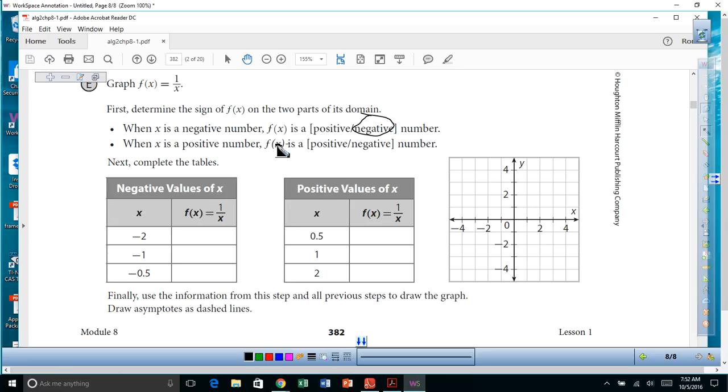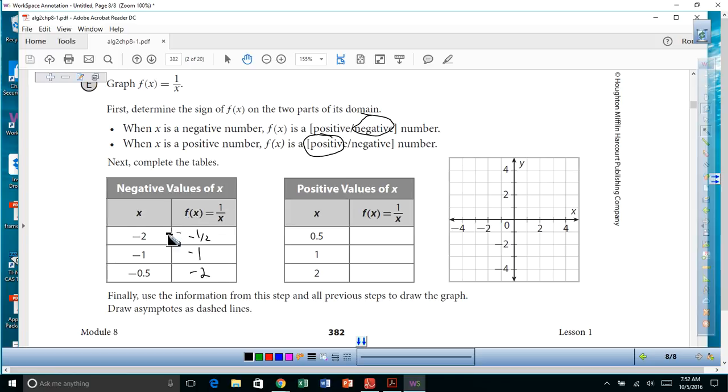When x is a positive number, f of x is a positive number. Next, complete the tables. Well, if x is negative 2, then y would be negative 1/2. If you put the negative 1 in there for the x, that would be negative 1. And then negative 1/2 would be negative 2.